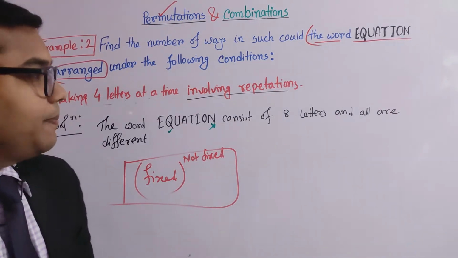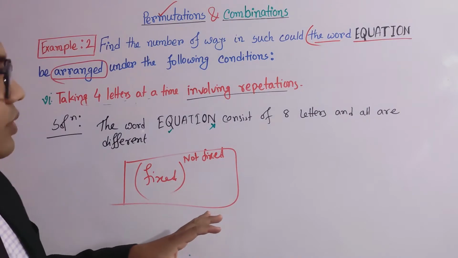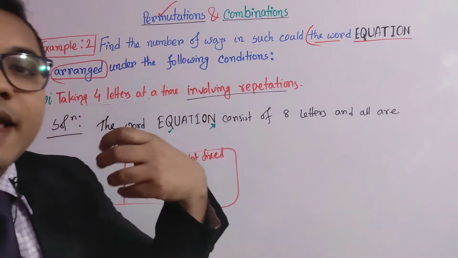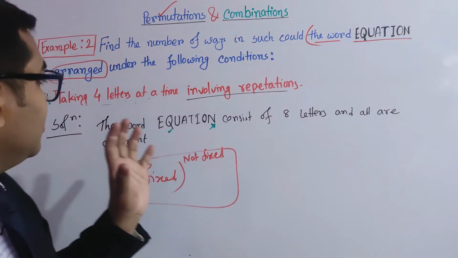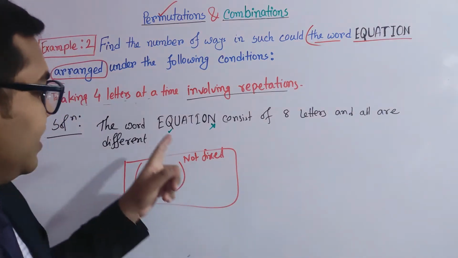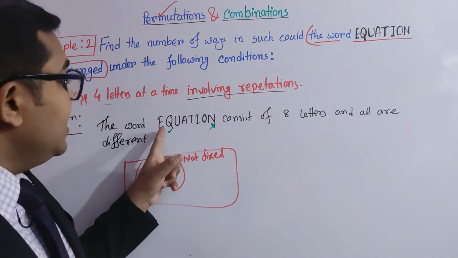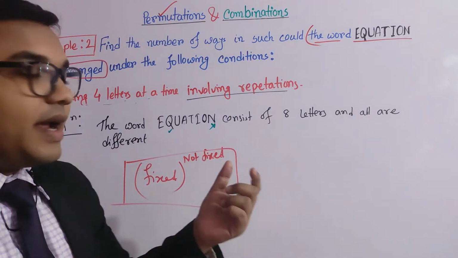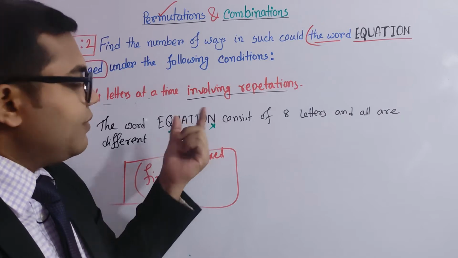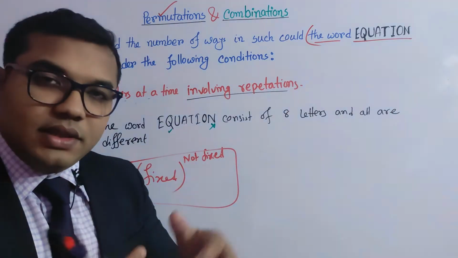That means, what are we actually talking about here? Here I was talking about taking 4 letters at a time. So we can take any of the 4 letters. Do you think that the 4 letters are fixed? No way. Why? We are trying to take these 4 letters, E Q U A, but if anyone tries to take the 4 letters Q A I N, so this is not fixed.